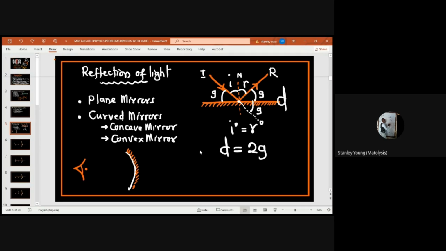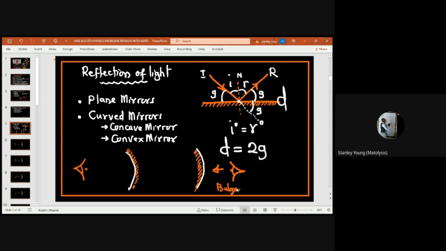But if you have something like this, let me redraw that. If, for instance, we have a curved surface and this part of the mirror is coated, automatically the coated side becomes the back of the mirror, while the uncoated side is going to be the front of the mirror. As an observer, this is where your eyes will be. While looking at this, you'll be seeing a swollen surface or a bulge.